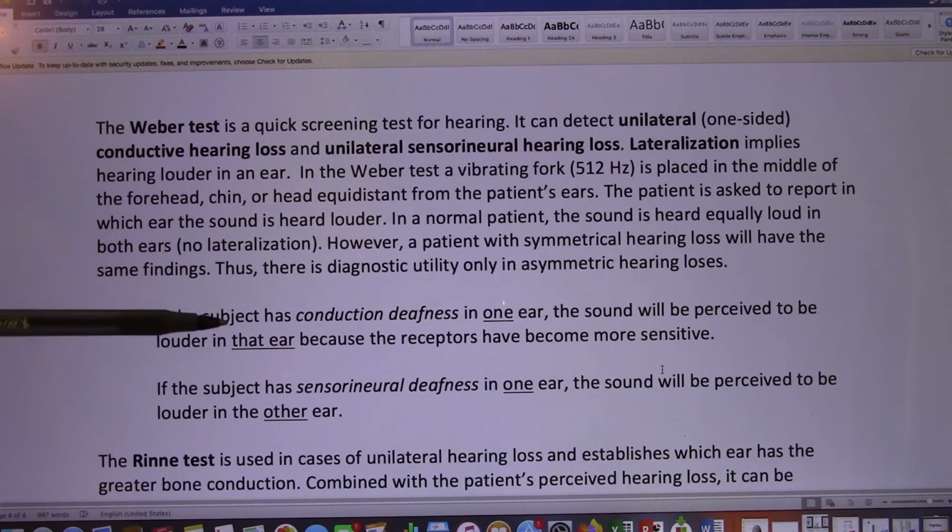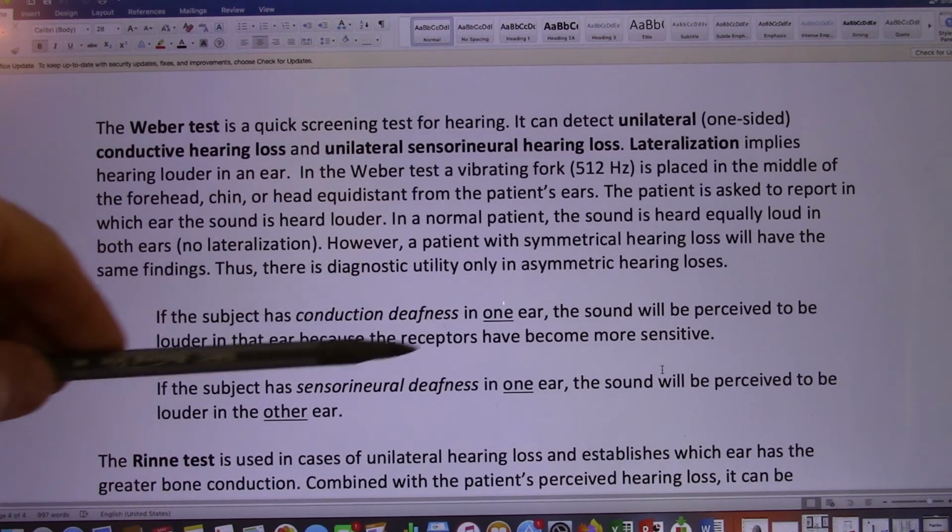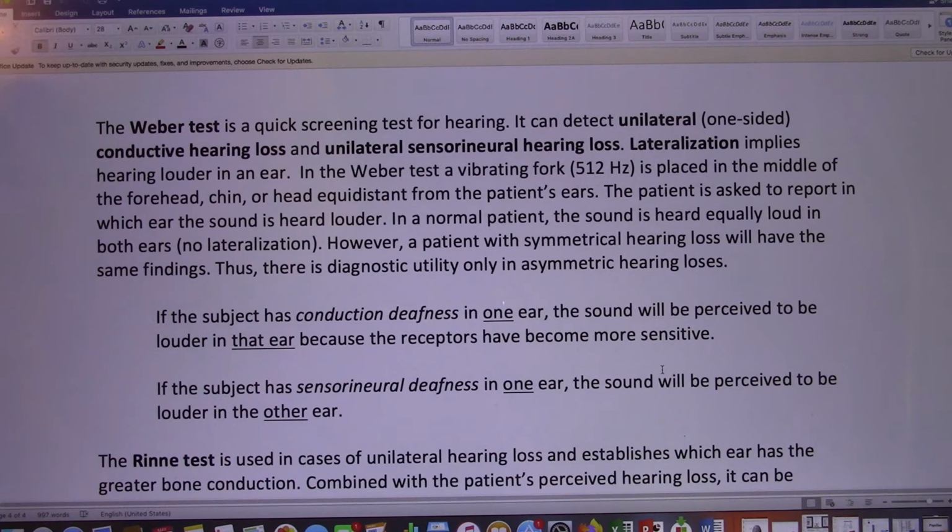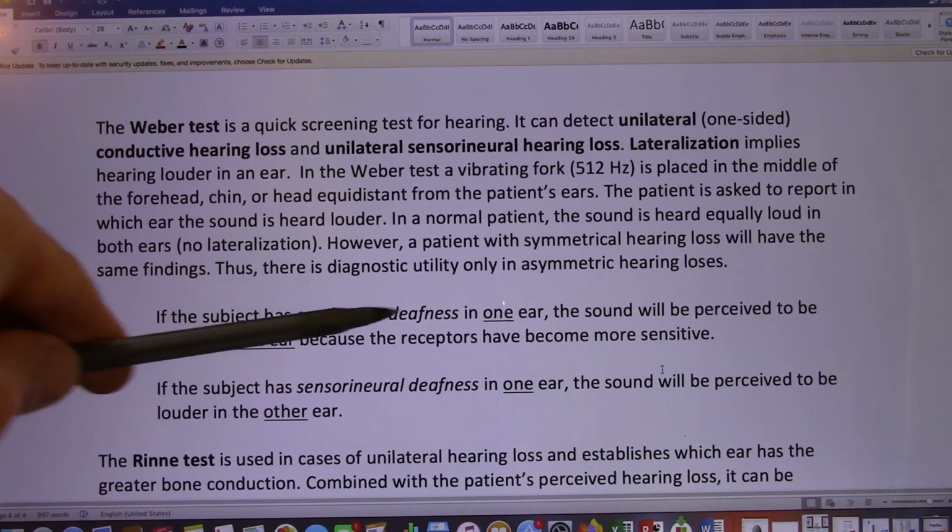The definition is: if you have conductive deafness in one ear and you put the tuning fork on the forehead, we try to bypass the eardrum. If one ear sounds louder than the other, that ear actually has the mechanical conductive deafness.